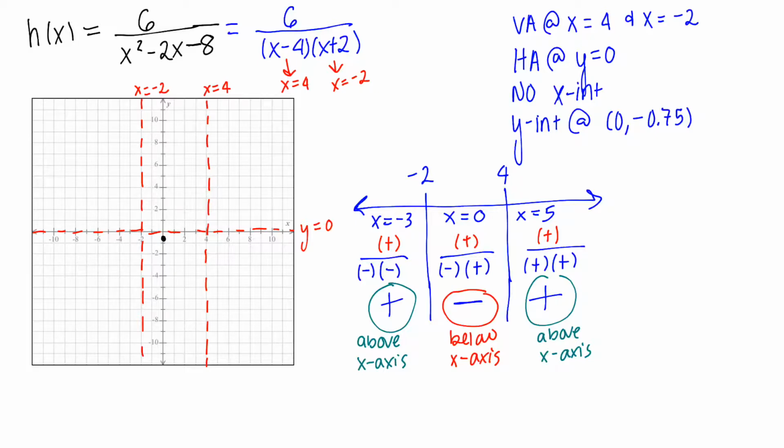All right, so between negative infinity and negative 2, which is this portion here, we are above the x-axis. So our choices were either it makes this shape or this shape. If it's above the x-axis, it has to be this one up here. And then between negative 2 and 4, this whole area, it's below the x-axis the entire time, which means it never touches the x-axis.